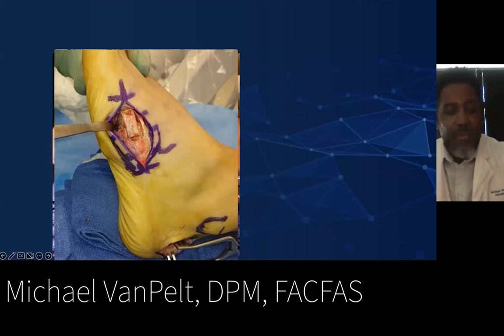Now, if it's an athlete, typically I will just ream down the canal and ream really well and drill and still use the percutaneous fixation method and place a large diameter screw. Now, if it's a refracture, then I will use this technique.